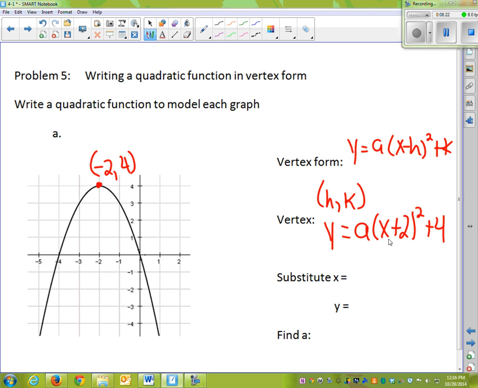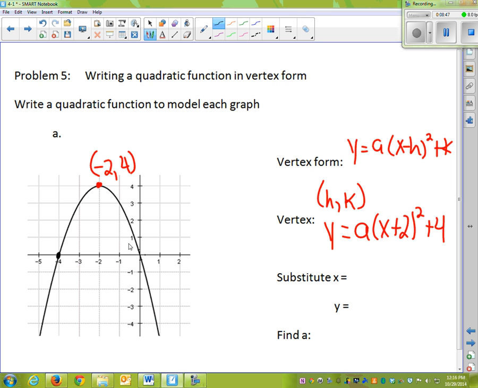Now I still have 3 variables in my equation. What I can do is substitute any x and y from the graph into the vertex form, and that will allow me to solve for a. So I go along my graph, and I find some point that fits exactly on the crosshairs, -4, 0.